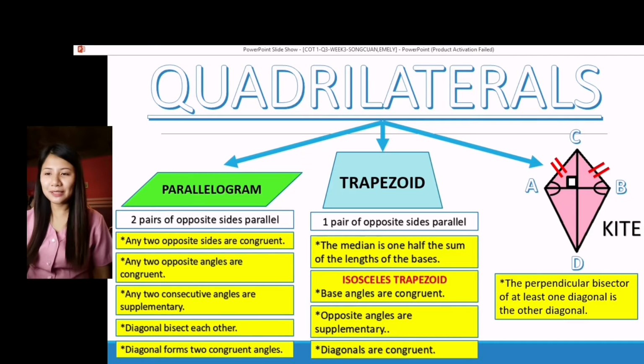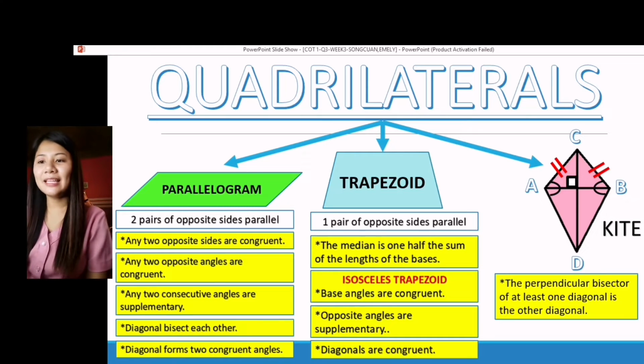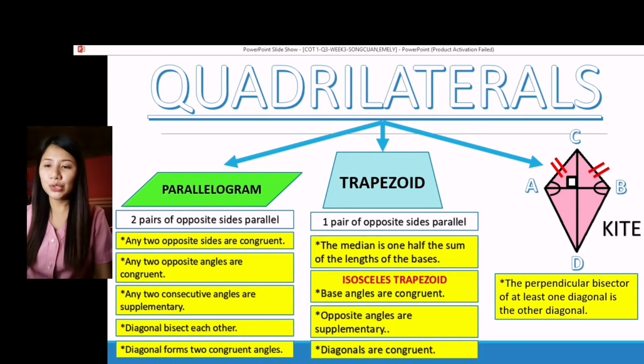The perpendicular bisector of at least 1 diagonal is the other diagonal. Now, in the given figure, you have diagonal CD bisecting diagonal AB. So your diagonal AB is now divided into 2 congruent segments. And angle D, since it is bisected by diagonal CD, is now divided into 2 congruent angles.